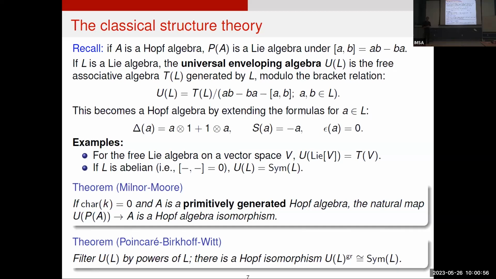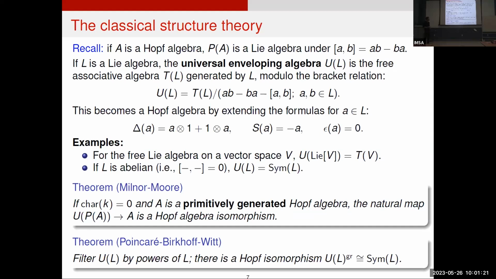They, of course, also proved a torsion, a mod P version of this, which is probably more interesting for many people in this room. But the braided story is already insanely complicated over the rationals, and we'll worry about torsion some other time.